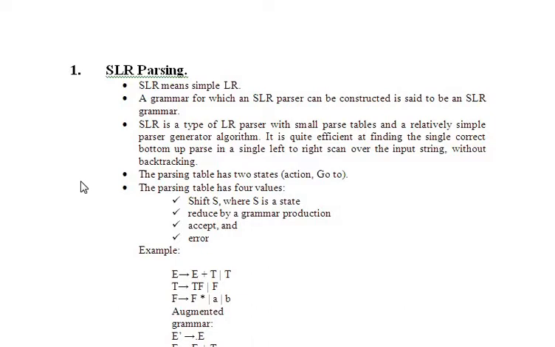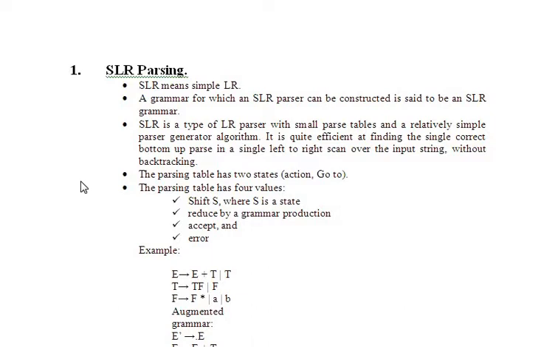So in LR(0) or SLR parsing, it's a simple LR. A grammar for which an SLR parser can be constructed is said to be an SLR grammar. SLR is a type of LR parser with small parse tables and a relatively simple parser generator algorithm.